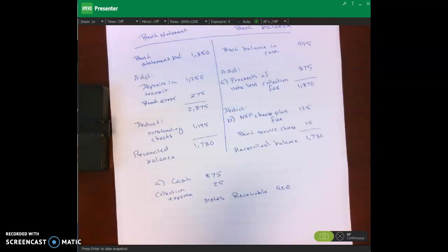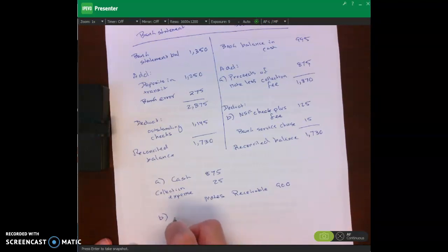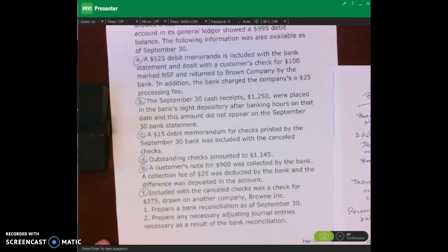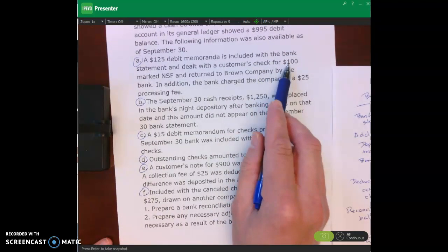Now I can look at part B. I have my non-sufficient funds, so I'm going to debit accounts receivable for the original receivable, right, plus the fee. So if we look back over here, his customer's check was for $100, so we had an accounts receivable for $100, right?